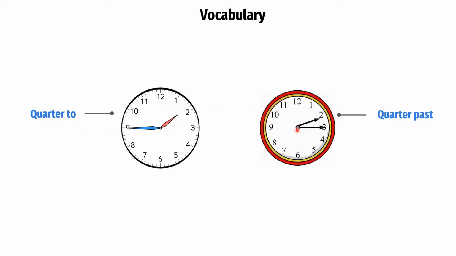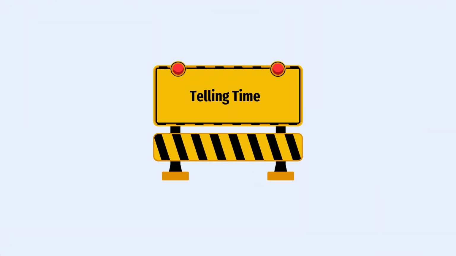But if the long hand points at number 3 or the 15-minute mark, it is called quarter past, and the number is where the short hand is pointing to. So in this clock, it is quarter past 2. Let's tell the time.